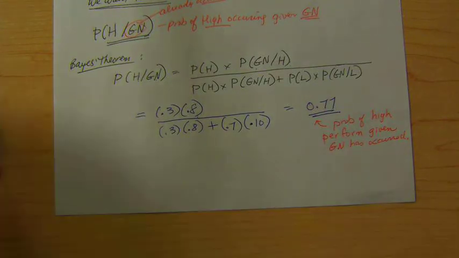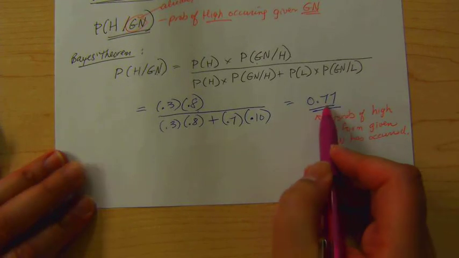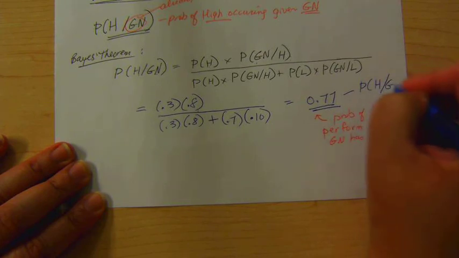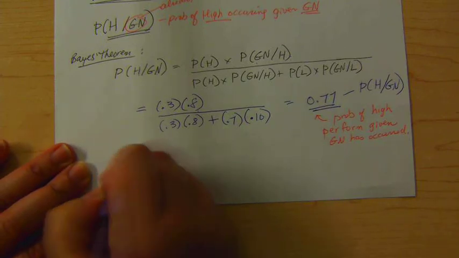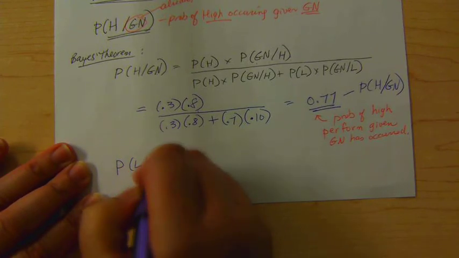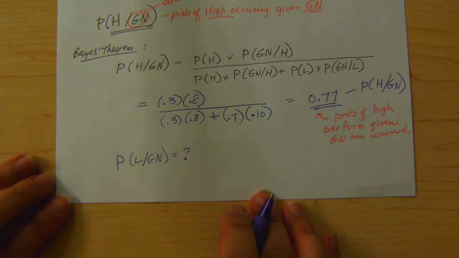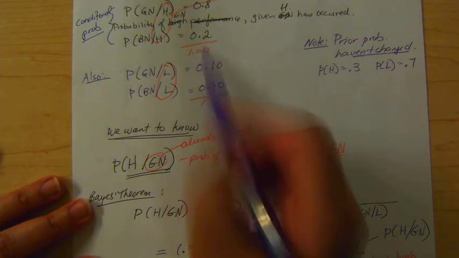Okay, now, one other little thing that I want to throw in there before we leave this example. So, if that is the probability of high given good news, what do you think the probability of low given good news is? Well, remember, we match up the last letters, the last occurrences, and they add up to 1.